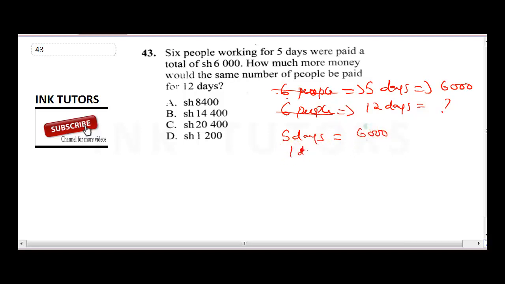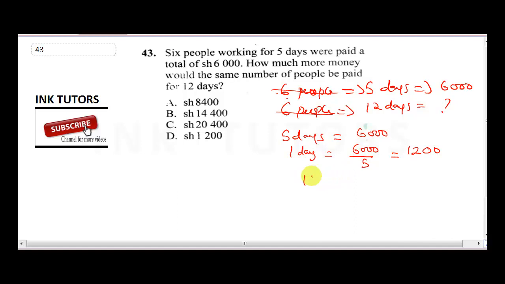That means for 1 day, they got 6,000 divided by 5, and that will give us 1,200. So for 1 day, they got 1,200 shillings.